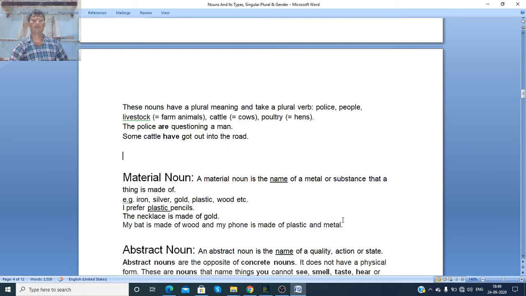And now we'll talk about material nouns. Material noun is just simple, as its name defines itself. Material noun is the name of the metal or substance that a thing is made of. For example, this mouse is made of plastic. This phone is made of plastic and glass and steel.